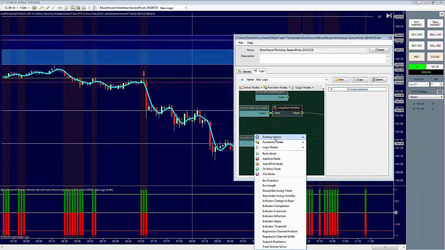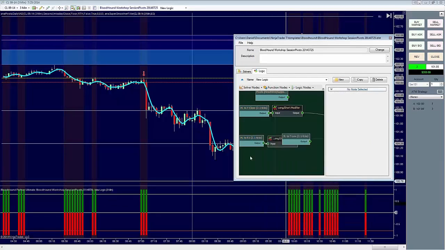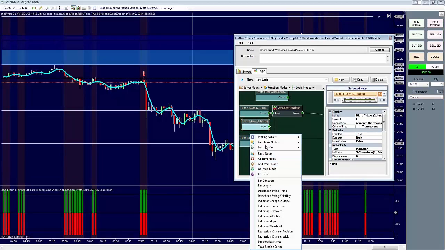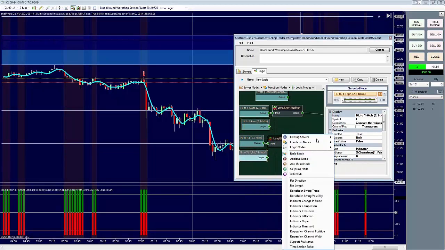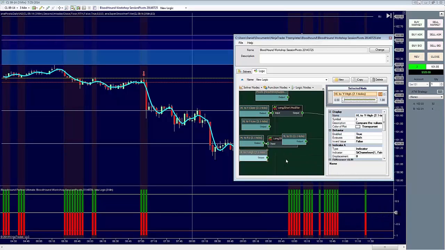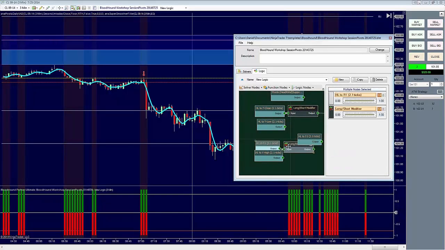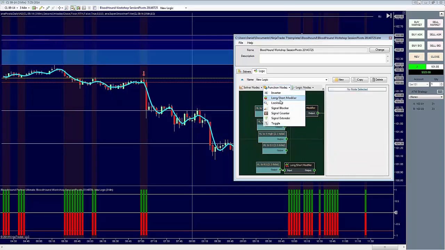Product. And I'll just add these quickly. That's yesterday's low. It's yesterday's high. And that's S1 right there. So I need 3 more long short modifiers. 1, 2, 3.